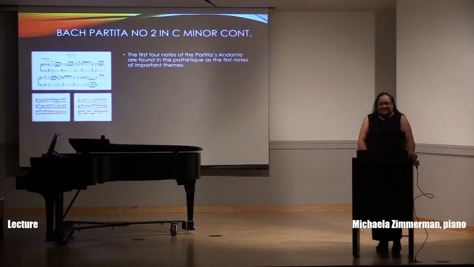For example, first in the hand-crossing second subject of the first movement, which is initially transposed, and then in the main theme of the rondo of movement 3. Beethoven was quite familiar with the works of Bach, studying the Well-Tempered Clavier as a youth, and returning to his predecessor's compositional styles later in life.